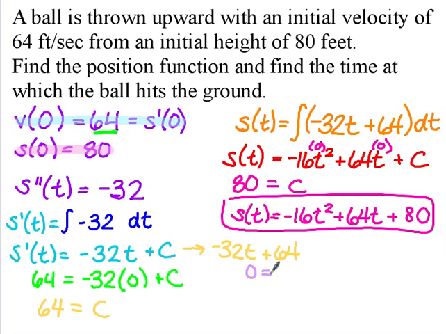So I'm going to set this equal to 0. If we're setting this function equal to 0, hopefully we'll be able to factor it. What do you know about all three of those numbers? They're all divisible by 16. So let's take the negative 16 out. If I take that negative 16 out, I'm left with t squared. How many times does 16 go into 64?